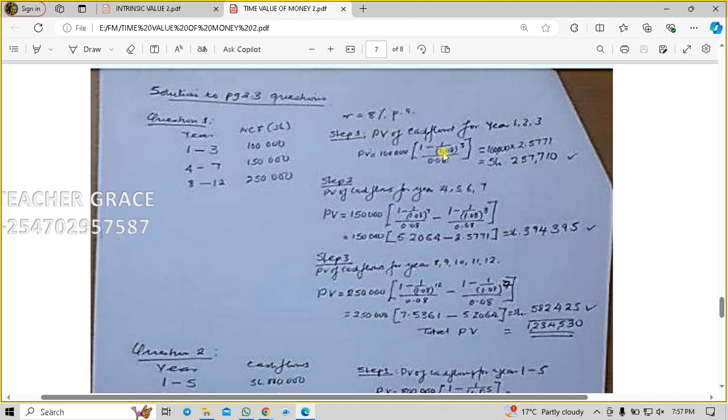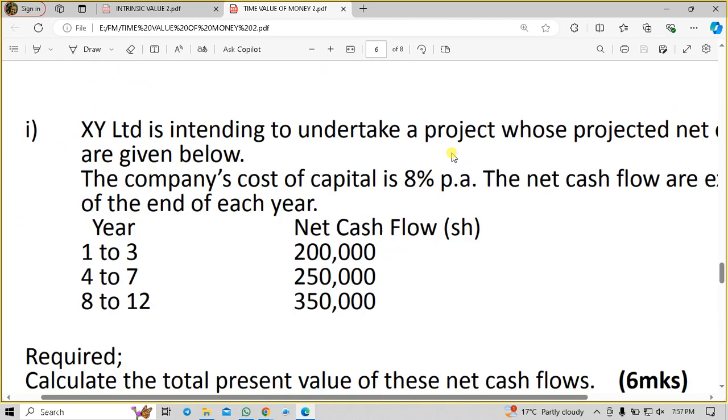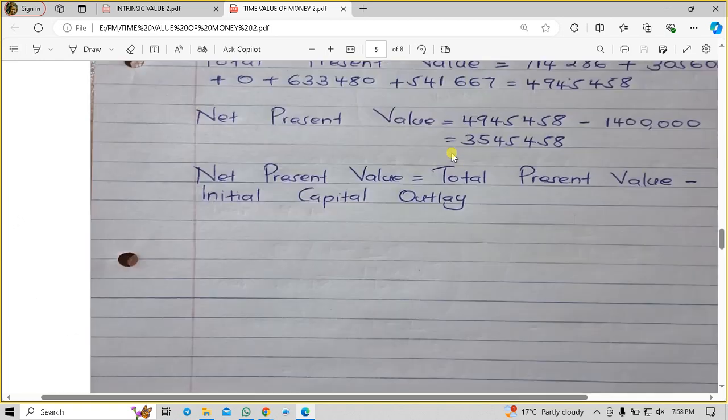So it means that here it is 1.08 because you are going to use 1 plus 8%. So here we were saying, let me take you back a little bit.